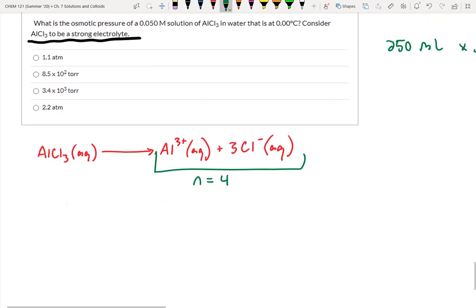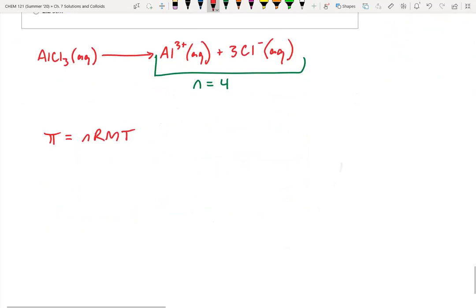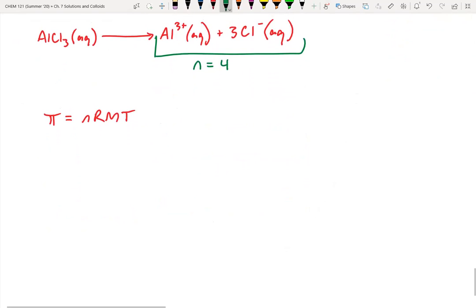Okay. So for this one, osmotic pressure is the symbol pi, and it's going to be equal to N RT, or NMRT, I guess. And let's go ahead and plug everything in. So N is going to be the moles. R is going to be our gas constant. M is molarity.